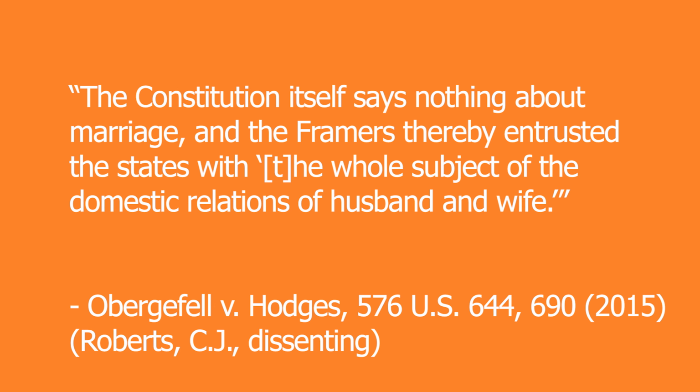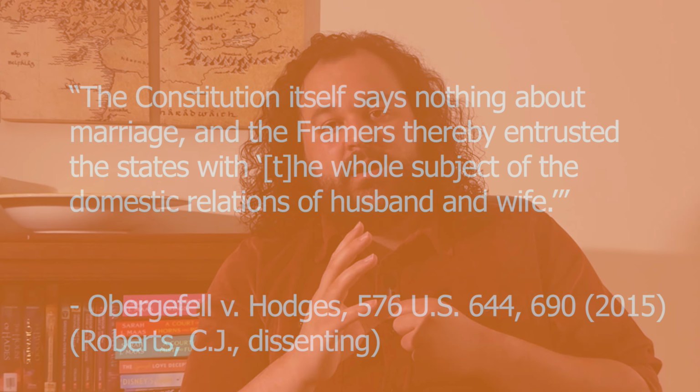In the context of marriage, the Constitution itself says nothing about marriage, and the framers thereby entrusted the states with the whole subject of the domestic relations of husband and wife. Basically, the argument goes, the framers didn't believe that the Constitution prohibited states from outlawing same-sex marriage, and in order to avoid judicial tyranny, we have to abide by that original interpretation of the Constitution.